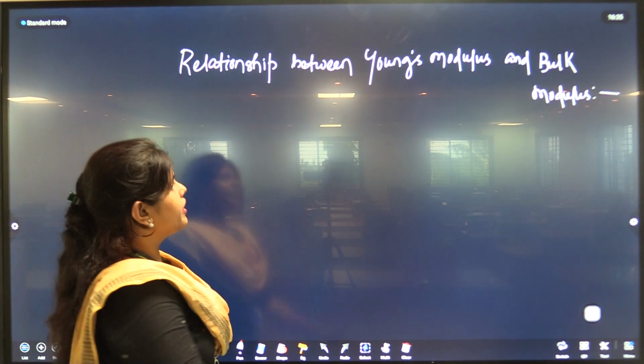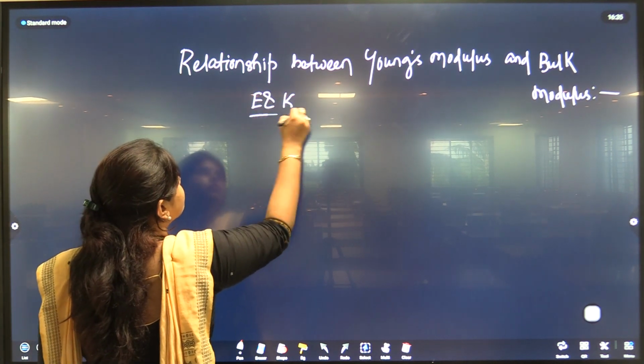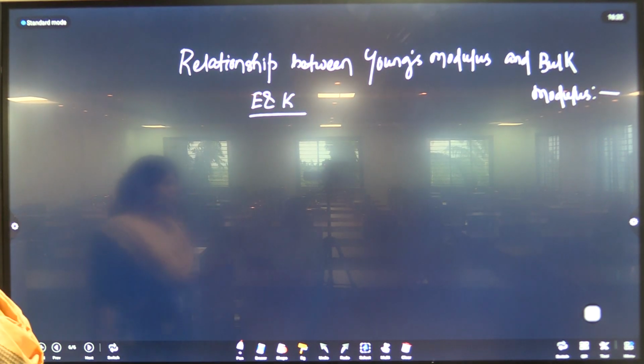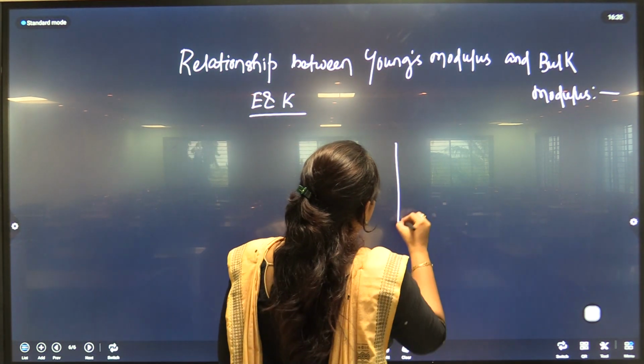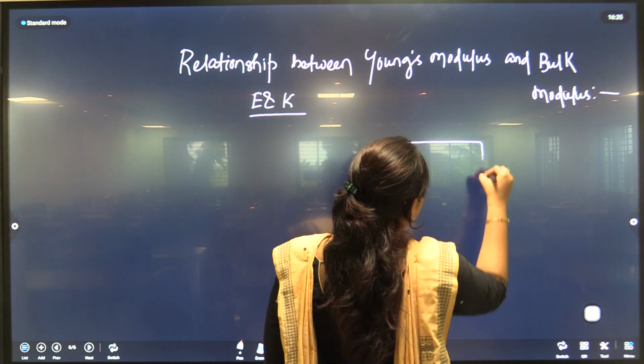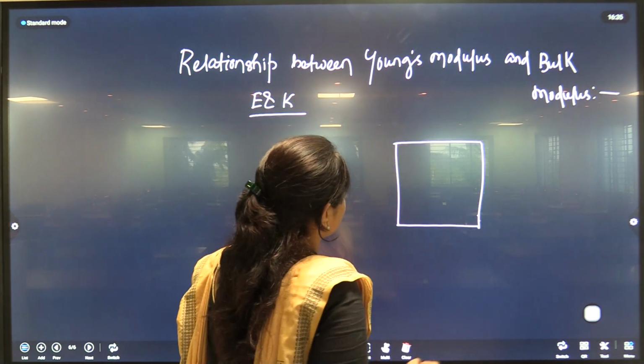To find their relation, first we have to make a diagram. We have to take one 3D square.